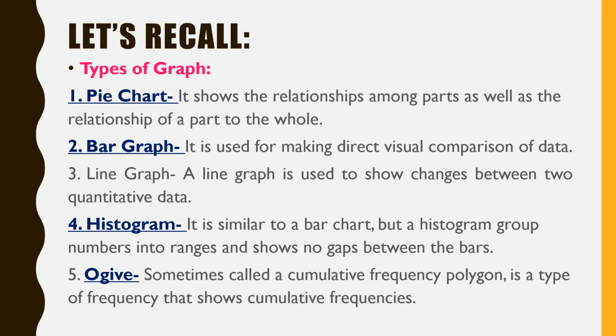The line graph, which is used to show changes between two quantitative data and usually involves time. Histogram, which is similar to a bar chart, but a histogram groups numbers into ranges and shows no gaps between the bars. The fifth one is an ogive, which is sometimes called the cumulative frequency polygon, a type of graph that shows cumulative frequency.